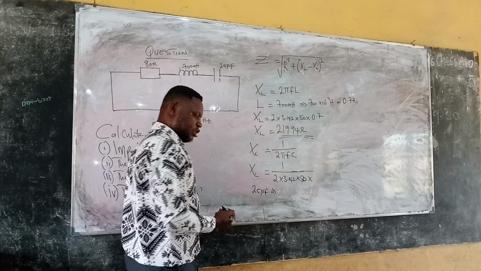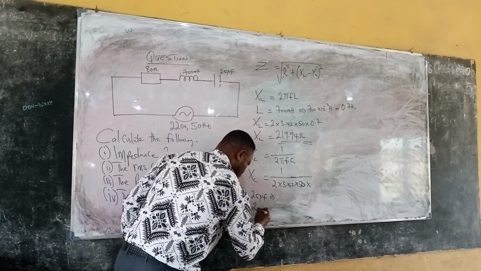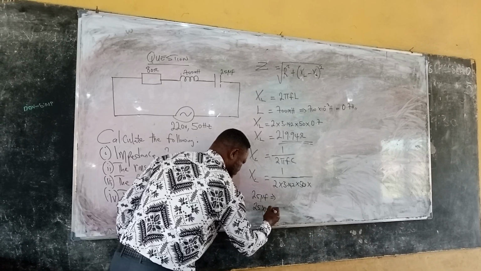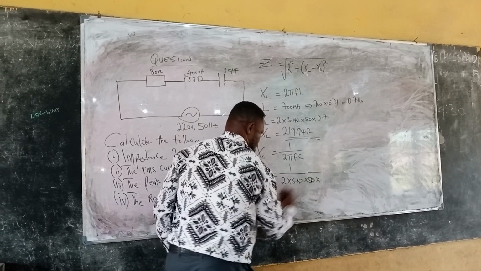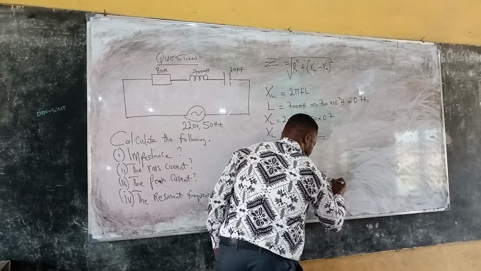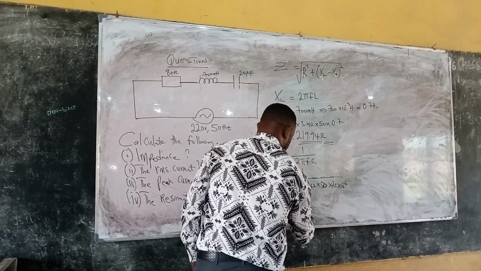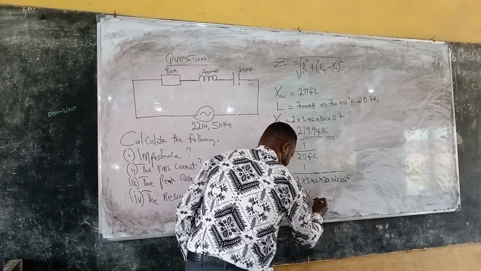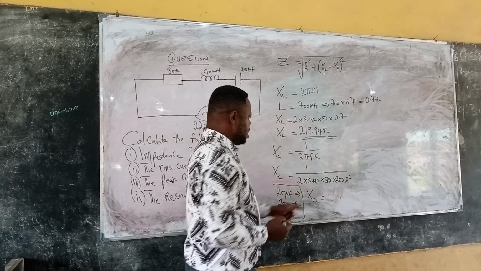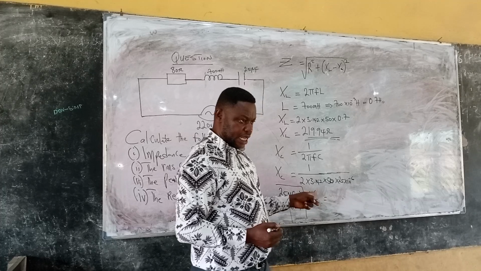So you come here and put 25 times 10 raised to power minus 6. From there, our XC will be given. You can get this directly in your calculator.